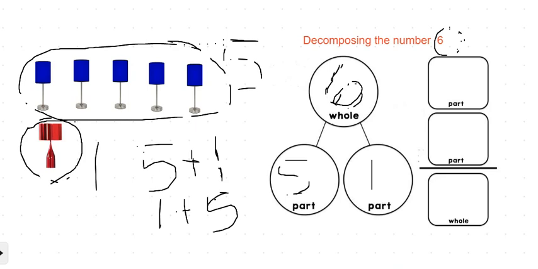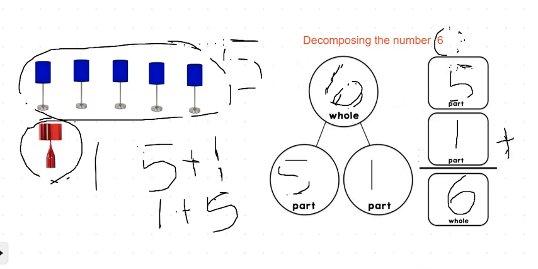So 5 and 1 equals 6. 6 is the whole. The whole is everything all together. So what we're saying is 5 plus 1 equals 6. That's what we're saying.